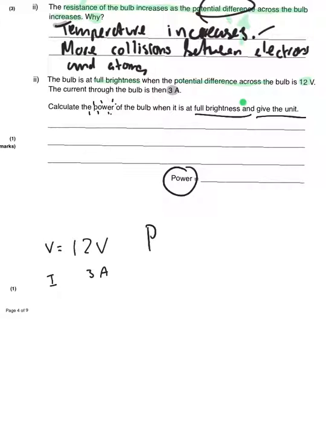The first one was power, P equals V times I. And we had the formula triangle which looked like this, P, V, I. And then we had the other one, P equals current squared times the resistance.